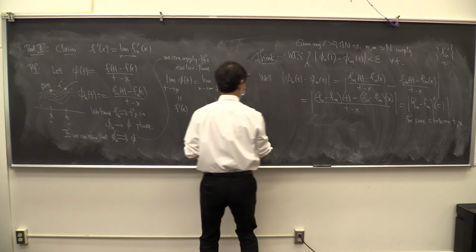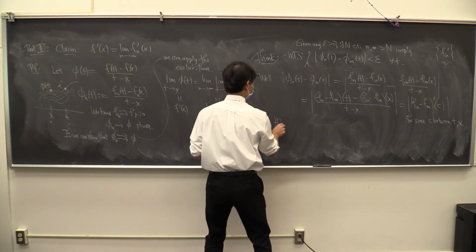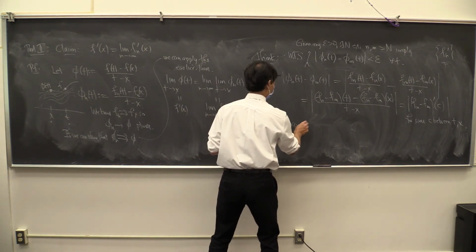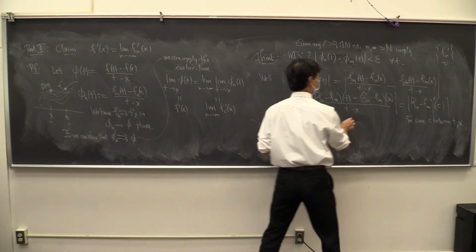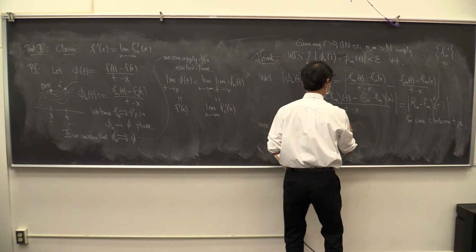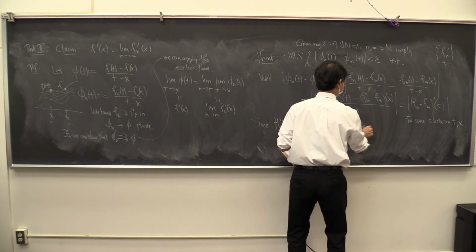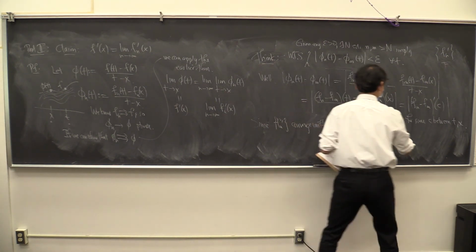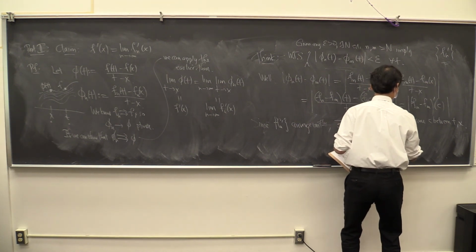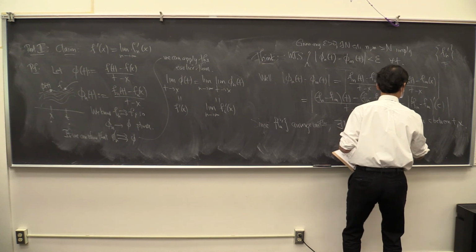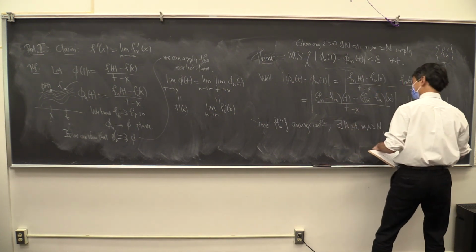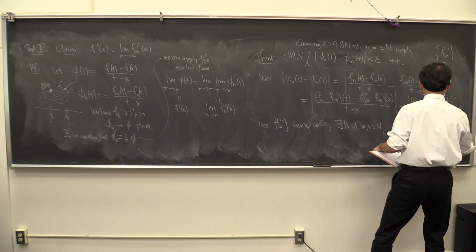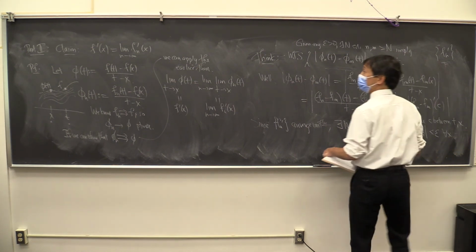So since the f sub n' converge uniformly, we know that there is an n such that if you're past that n, the difference is smaller than epsilon for all x in our domain.